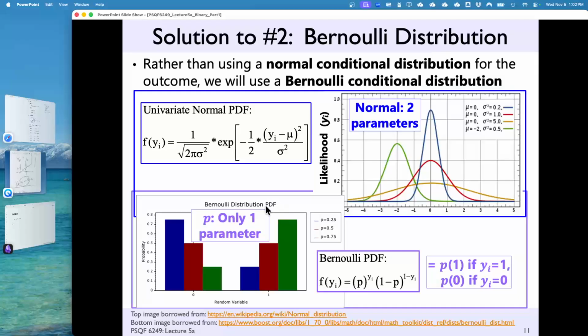Sometimes you also see the term probability mass function, just denoting that in a discrete distribution, the height on the y-axis is probability, whereas in a continuous distribution, the height on the y-axis is like a relative frequency. Probabilities are inherently interpretable. Relative frequencies are hard to interpret. So that's the one distinction.